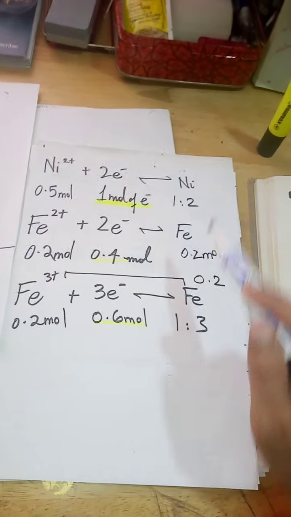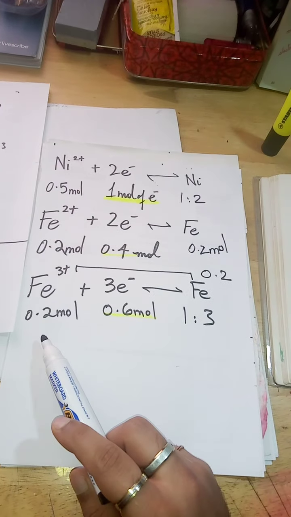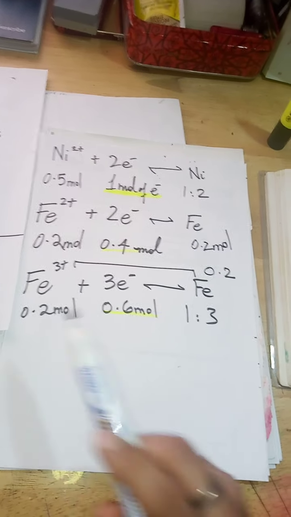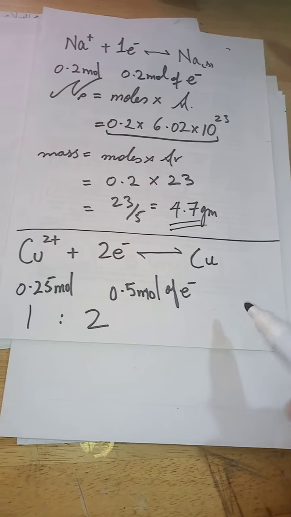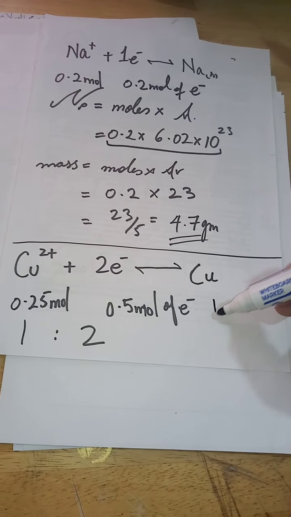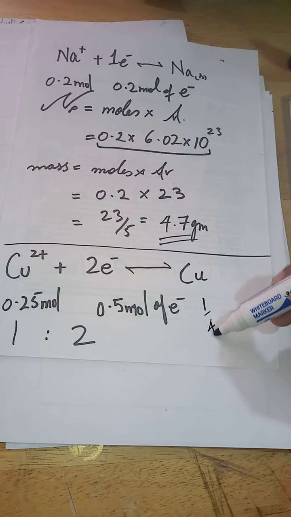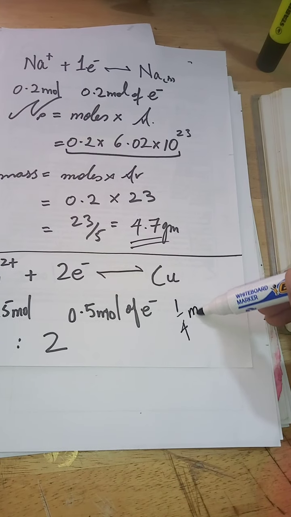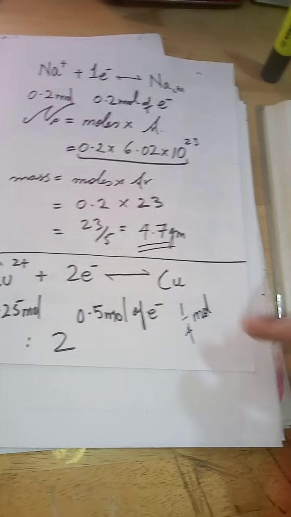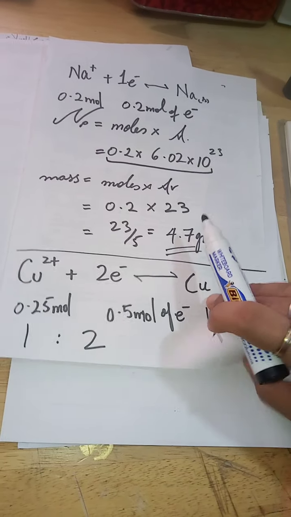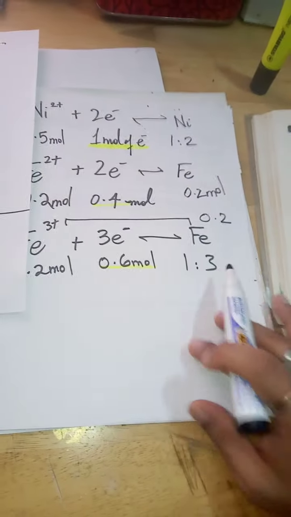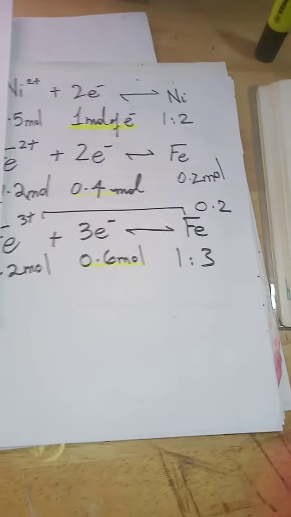Half a mole of nickel, and a fifth of iron 3 would be a fifth of iron 3 metal. So in this case, a quarter mole of copper would yield a quarter mole of copper. So even though you've got varying numbers of moles of electrons, the molar ratio for the metal to its ions would remain the same.